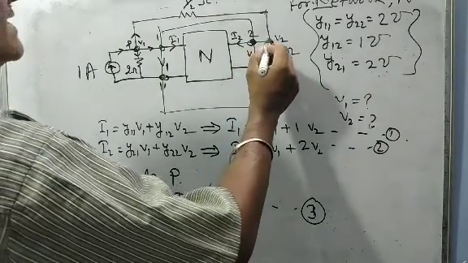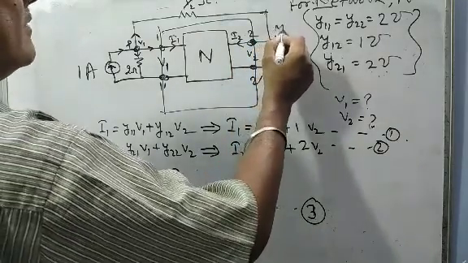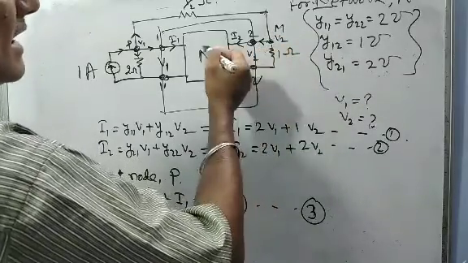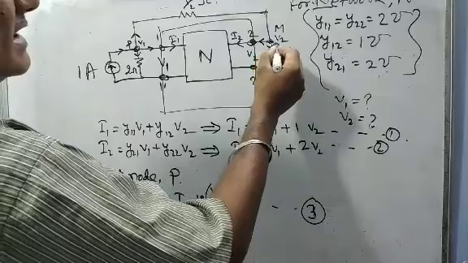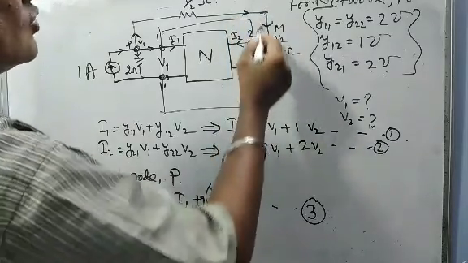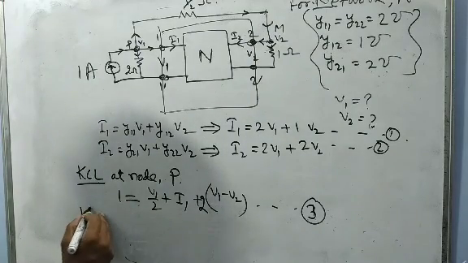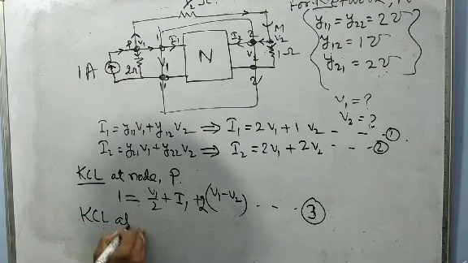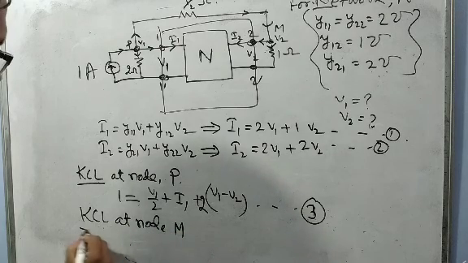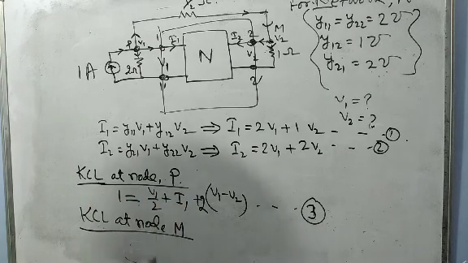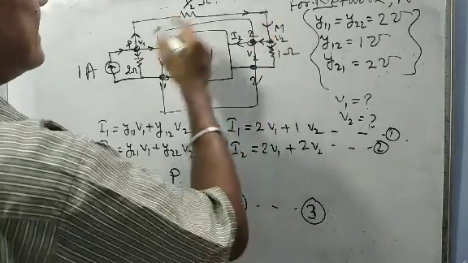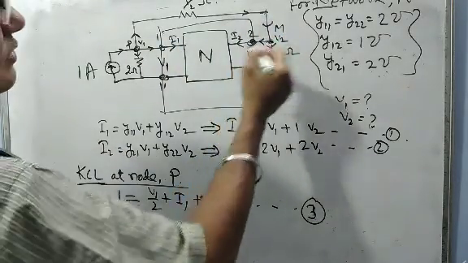Now applying KCL at the node M. This current I2 is going here, this current is this one, and this current is coming from this side. So this current is entering, and entering equals all leaving.